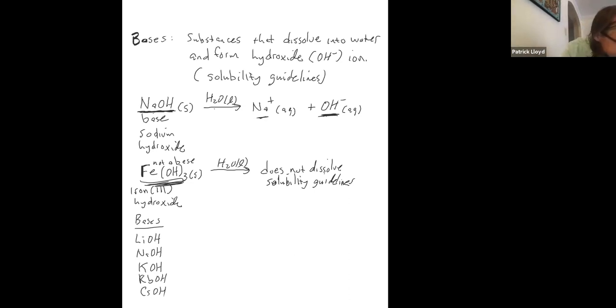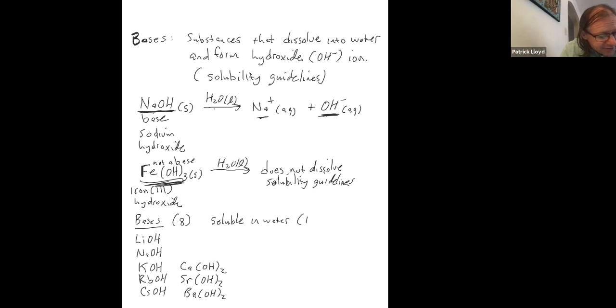Calcium is in group 2, so it has a +2 charge, so it has 2 hydroxides. Strontium also dissolves into water, and barium dissolves into water. So there are 8 of these bases that are soluble in water.